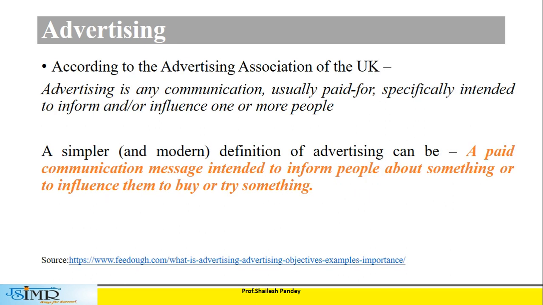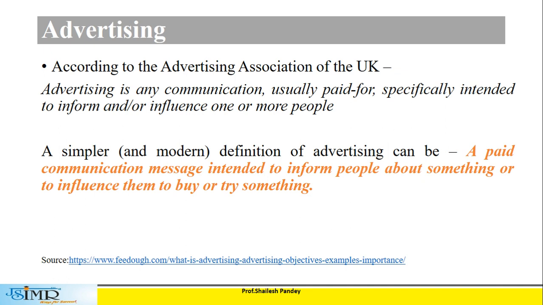According to the Advertising Association of the UK, the definition is: advertising is any communication usually paid for, specifically intended to inform or influence one or more people. So advertisement is about communication. So you are going to communicate about your product and services.